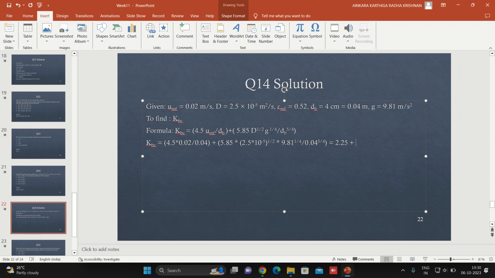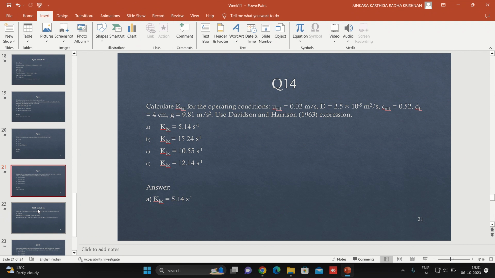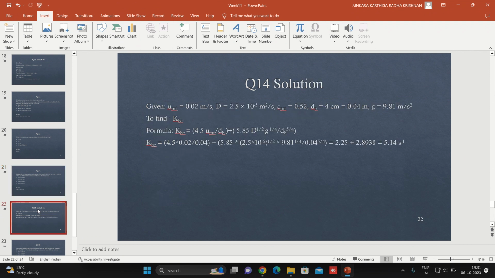It is 2.8938. So we are getting 2.25 plus 2.89, which is 5.14 per second. We'll see if that option is available. Yes, 5.14 per second is the right answer.